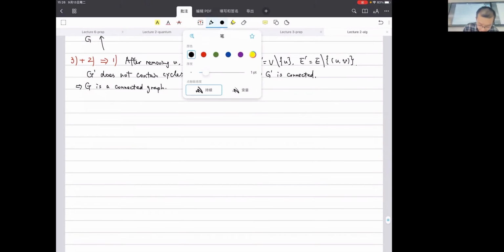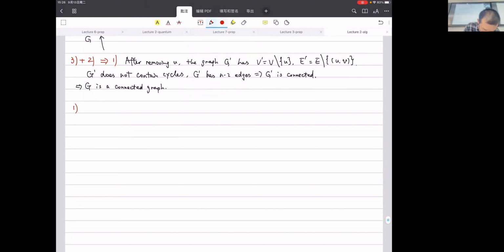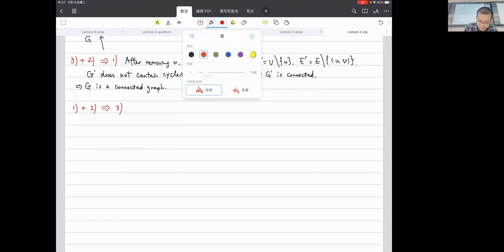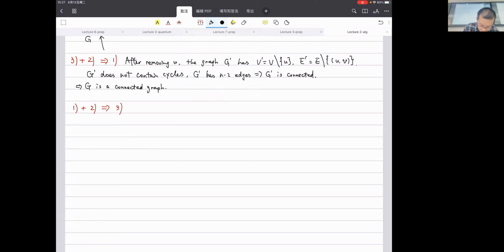The only remaining thing is that we want to be careful with 1 and 2 implying 3 here. Still, we want to first prove that there exists a U such that its degree is 1.